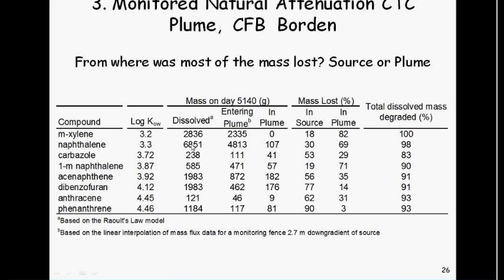So if we then compare what's in the plume to what probably dissolved, we get how much was degraded. So up till each sampling point, the amount that was degraded is a very impressive number. This much dissolved, and if this much made it into the plume, but the plume only has this much, that's a big difference in each case.